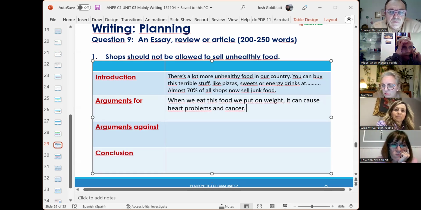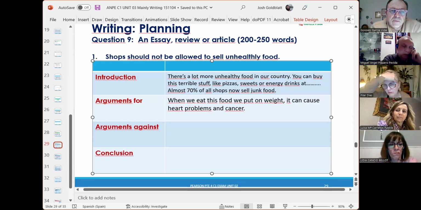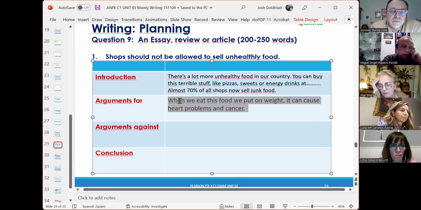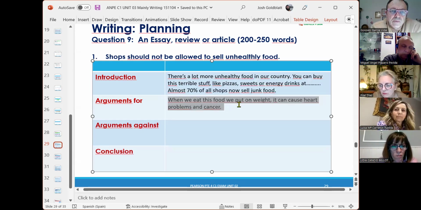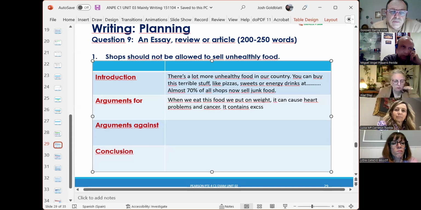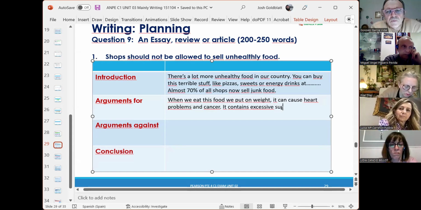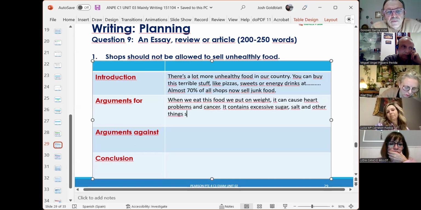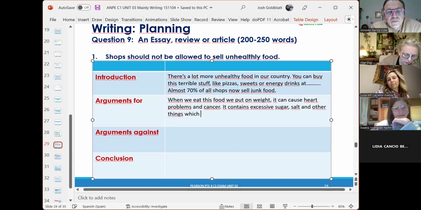Anything else? Probably so much sugar, salt, and other unhealthy components are not necessary. Okay. And other things which we don't need. Yeah, good.